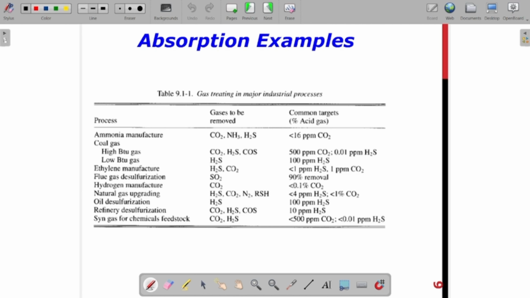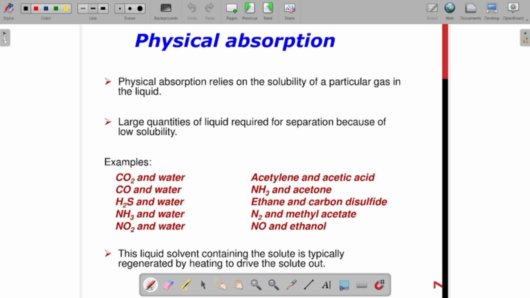So for gases to be removed, we need some common targets. In terms of ammonia manufacture, where I want to remove these gases, the common target is to get less than 16 ppm of carbon dioxide in the ammonia.